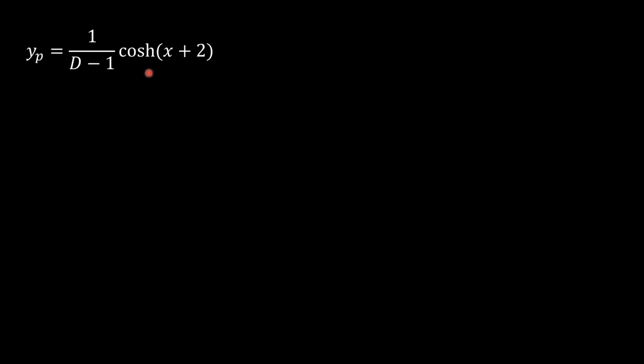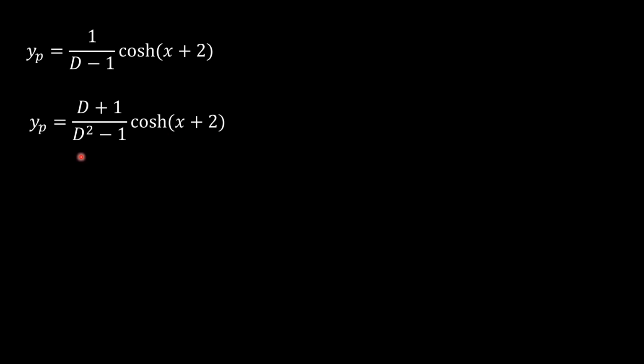This is the hyperbolic function, and in the denominator we are left with D, but we want D square as per our procedure. Hence, again rationalize the denominator, that means multiply numerator by D plus 1 and denominator by D plus 1. So it becomes D plus 1 divided by D minus 1 into D plus 1, which is D square minus 1, cos h of x plus 2.